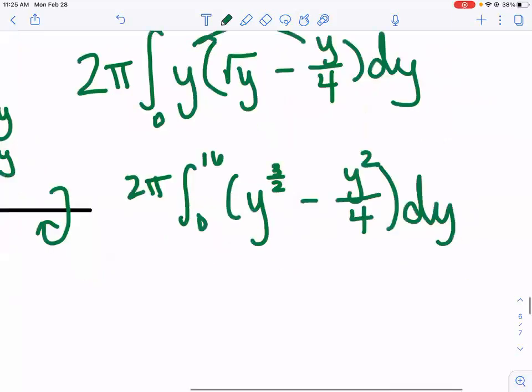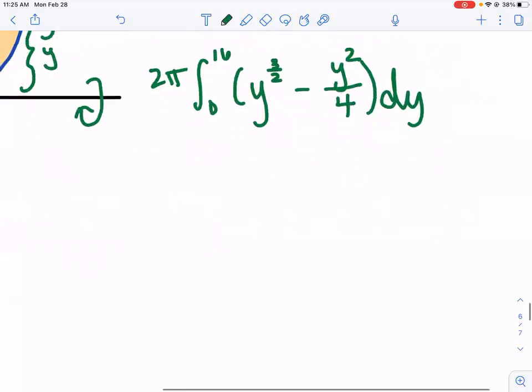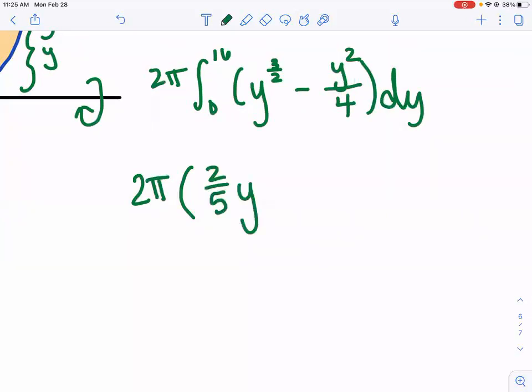This is going to be so exciting, people. Y to the 3/2, antiderivative. Minus y squared over 4's antiderivative would be y cubed over 12.